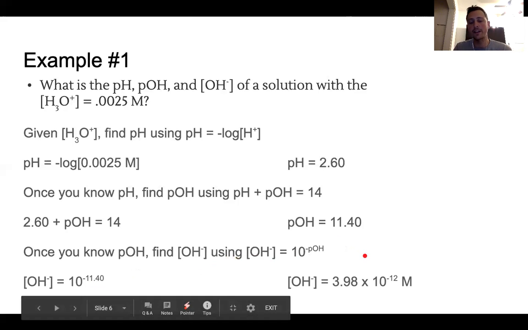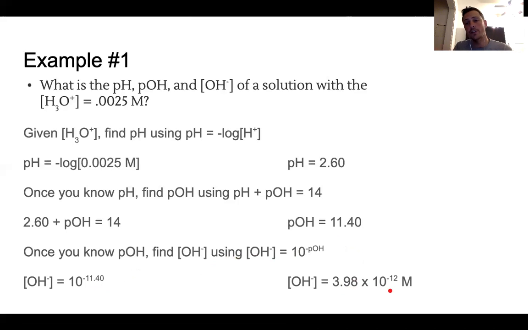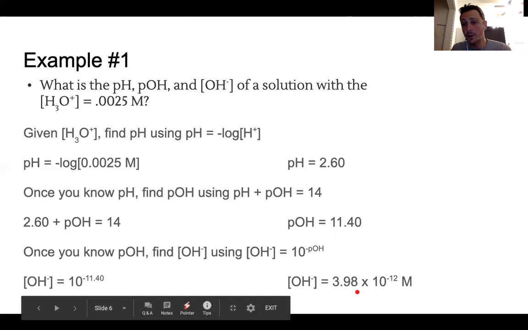Instead of writing 0.0 with 11 zeros, 398, you can put it in scientific notation here. If you're using the iPhone calculator, if you just turn it back up vertically, it'll put it in scientific notation for you. Just keep in mind that that E that you're seeing is the same as times 10 to the. So you get 3.98 E negative 12. That's giving you this exact number we see right here.